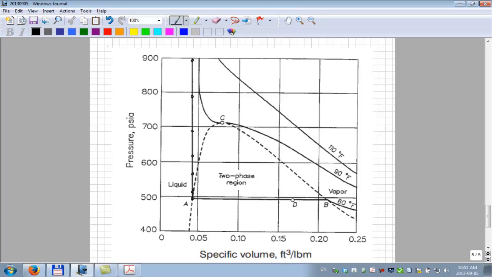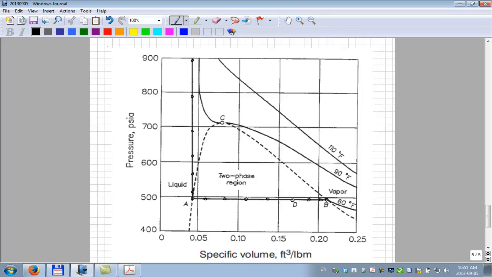Now the volume starts increasing along here. Pressure doesn't change. And we move all along here until finally we reach this volume 5 times larger. Pressure hasn't changed. Temperature hasn't changed. And now we're with a vapor and one little drop of liquid.